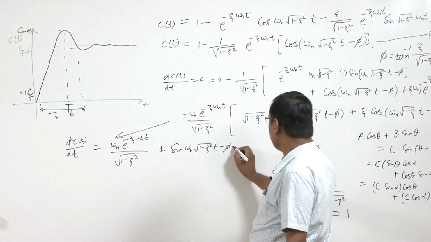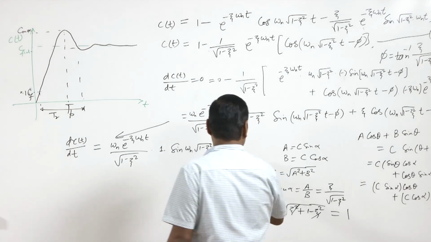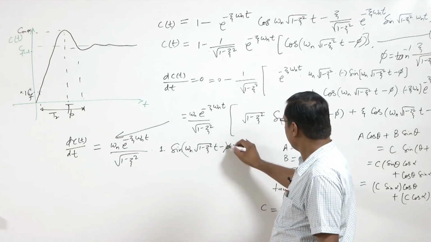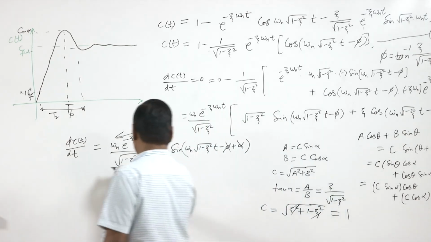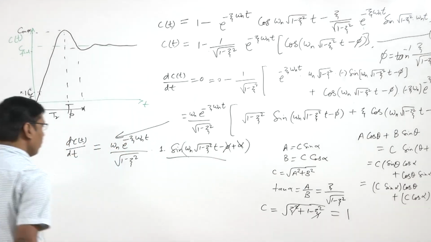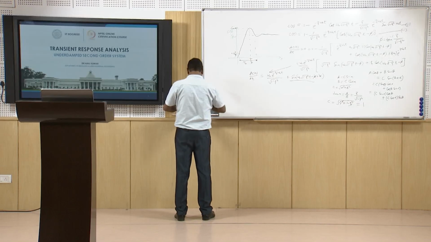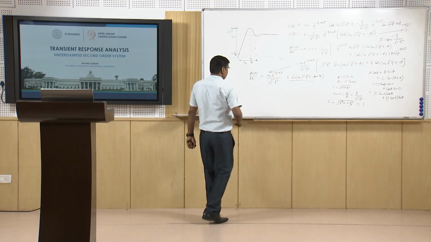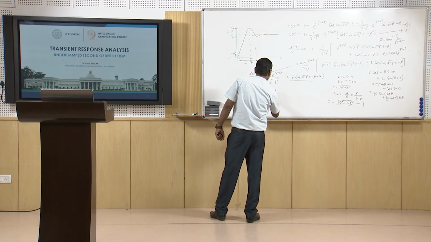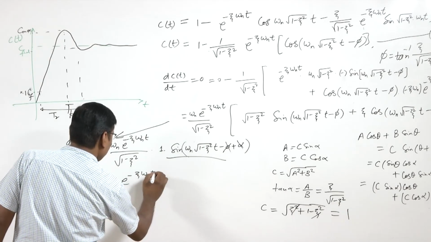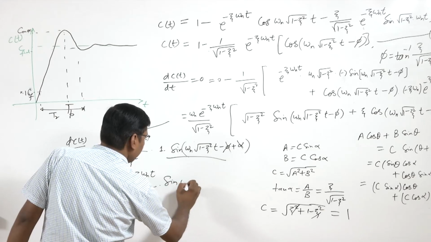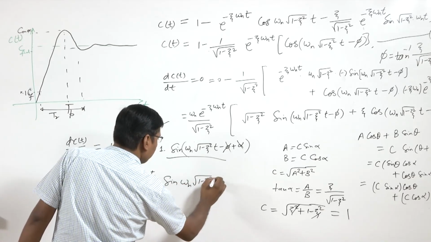So here minus phi, here plus alpha, so this will cancel out. So we will get only sine omega n root 1 minus zeta square t. So we are getting omega n e power minus zeta omega n t upon root 1 minus zeta square into sine omega n root 1 minus zeta square t.